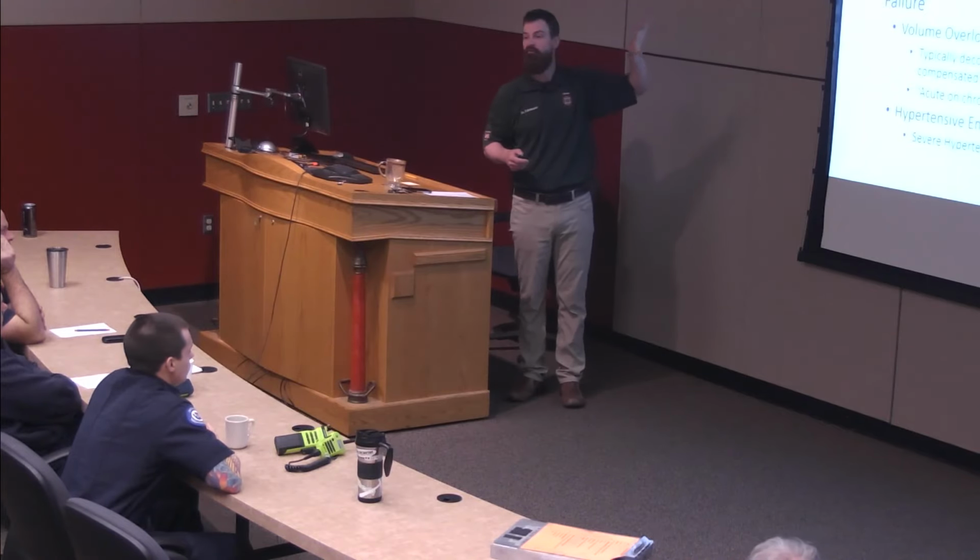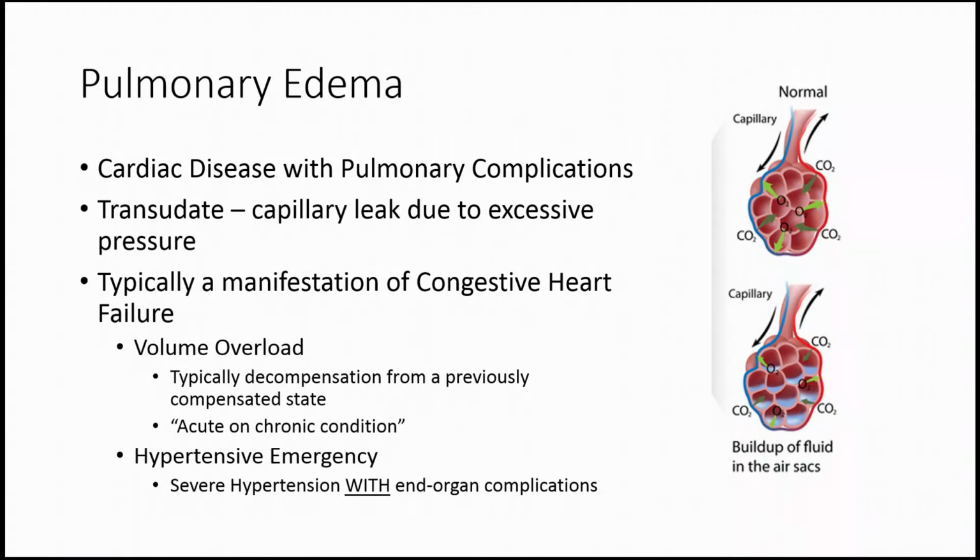We also have primary cardiac respiratory emergencies, pulmonary edema, okay? So cardiac disease with the pulmonary complications, it's generally a transudate. So I have high pressures, high capillary pressures, right? And so I push the water component of blood and plasma into the alveoli, okay?